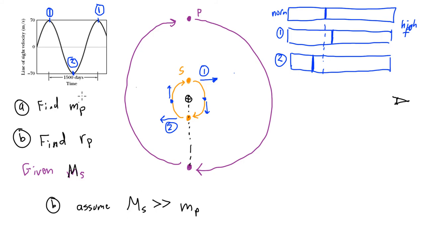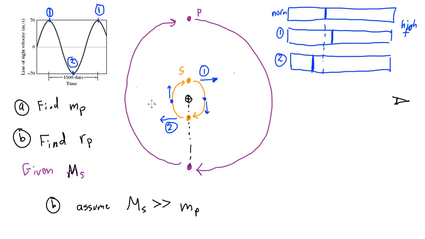And then for part A, you actually have to relax that assumption a little bit and say, okay, well, the star actually does move a little bit. And so it's kind of hand-wavy, because you're saying the star has this small circular orbit, the planet's is very big, and so really, compared to how far the planet is from the star, the star's motion about the center of mass doesn't really change the gravitational pull, you know what I mean, compared to if the star were just here at the center.